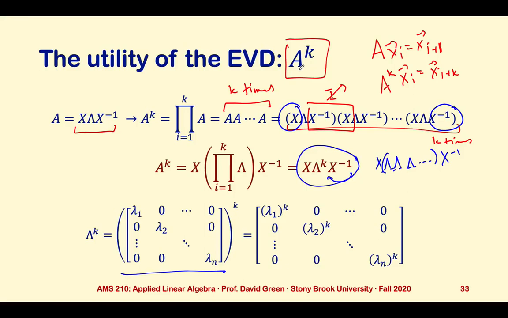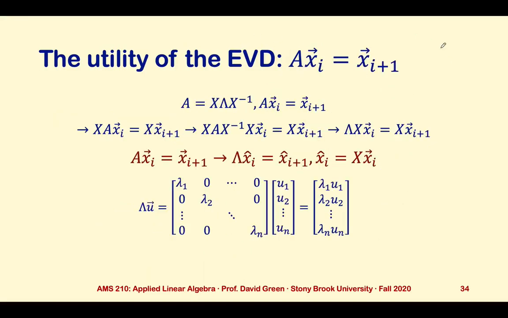What is another benefit of this? Let's consider our form A x_i equals x_(i+1). Again, we're going to start with our original form and think about how we can manipulate this. Let's take our original form here and multiply both sides by X. Certainly we can do that, and this will give us an expression X times A times x_i equals X times x_(i+1).